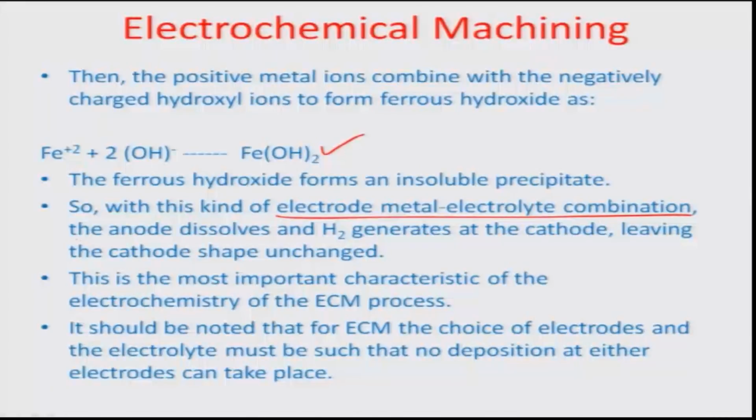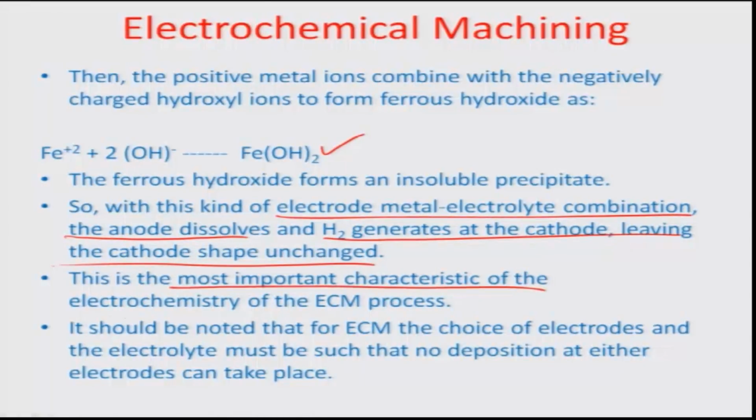So with this kind of electrode metal and electrolyte combination, the anode dissolves and hydrogen generates at the cathode, leaving the cathode shape unchanged. This is the most important characteristic of the ECM process: when we are doing a die sinking process with ECM, as I mentioned earlier, the shape of the cathode, which is actually the tool in our case and is also an electron emitter, does not change.